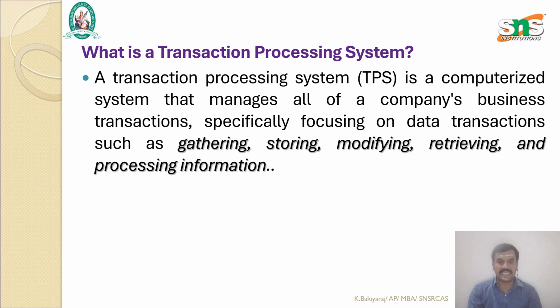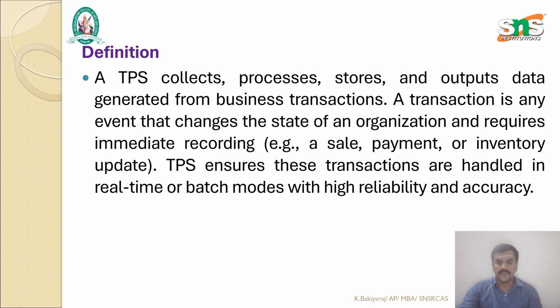So the data is collected in the right manner, stored, and modified, and the processing of such information for retrievable purposes, for the benefit of the management, is said to be a transaction processing system. And now we are going to discuss the definition of the transaction processing system.